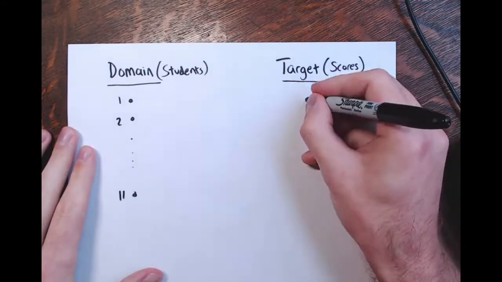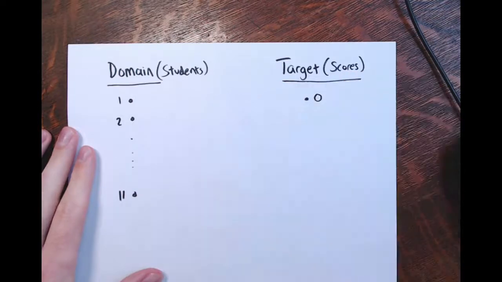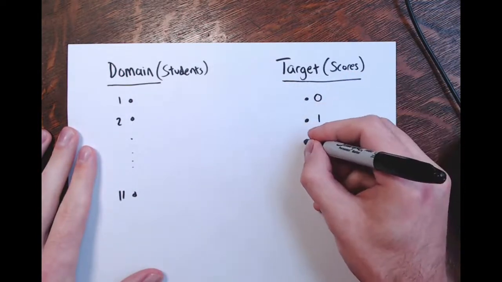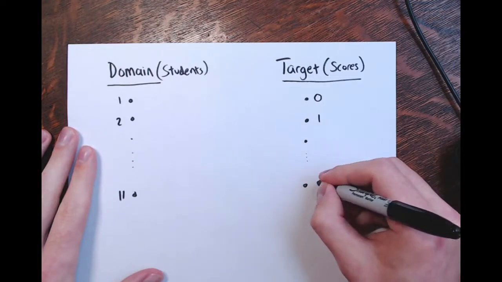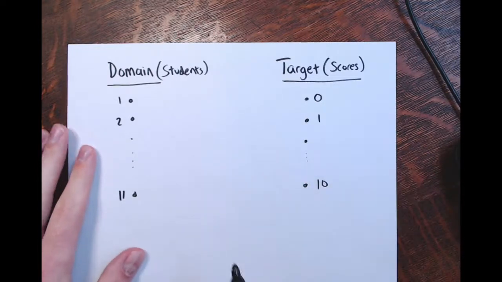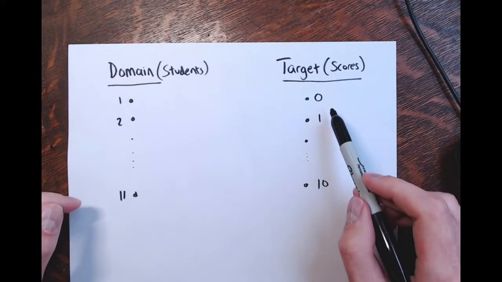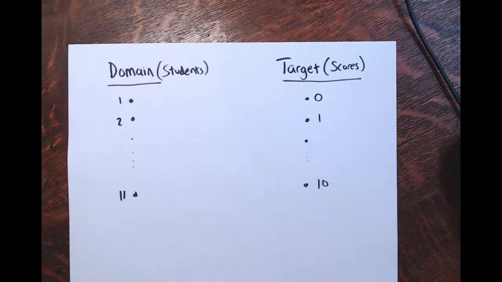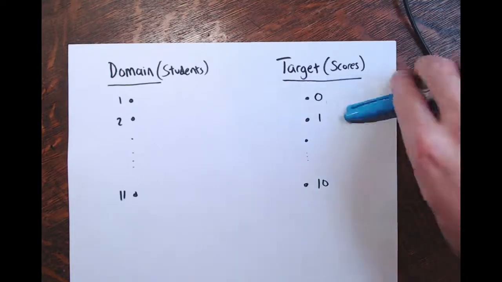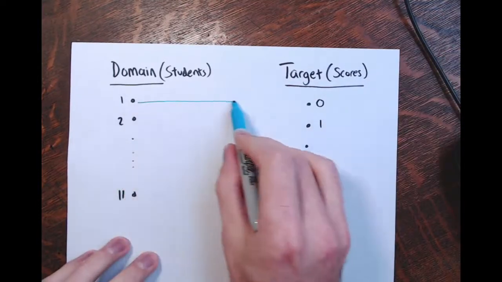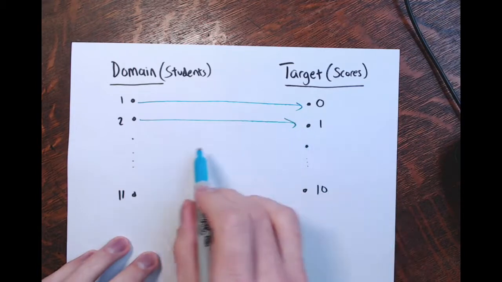Well, can't you score 0 as well? So a student could have scored a 0, a 1, all the way up to 10. So there are 11 elements in the domain, and there are 11 elements in the range, or the target, right? So this could be a 1-to-1 function.